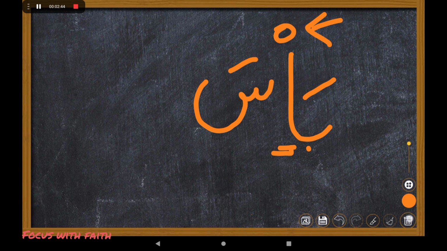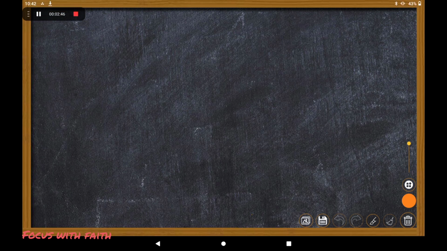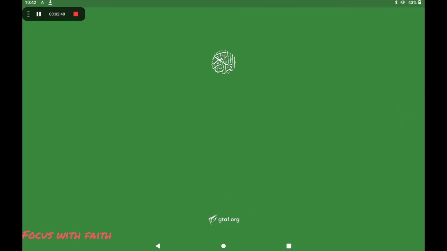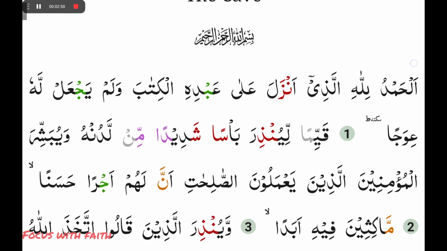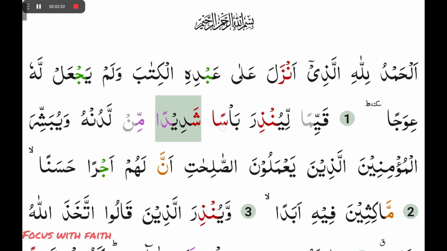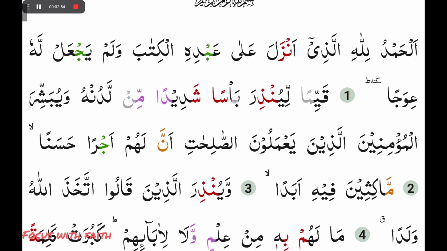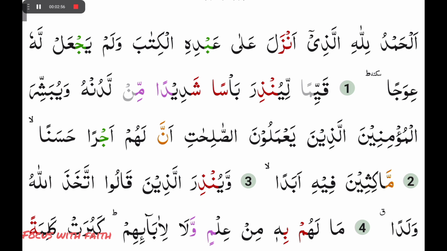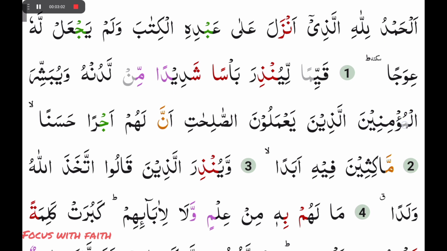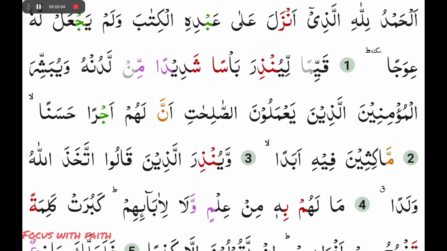Okay, so let us see a few examples. The example that I just took was this, ba'san, right? Ba'san. So you are cutting the voice, that hamza you're cutting there. Here you can see mu'minin. It is not mu'minin with continuation, there is a cutting, right?